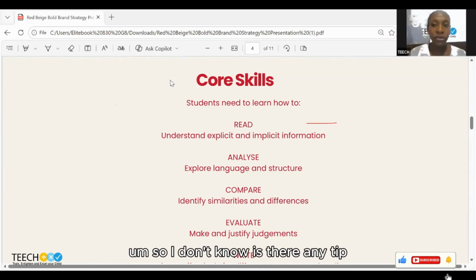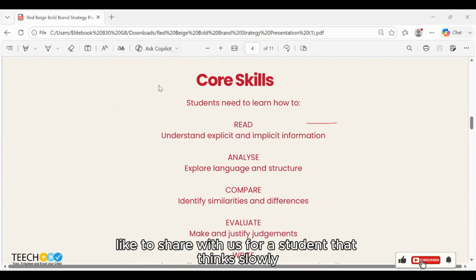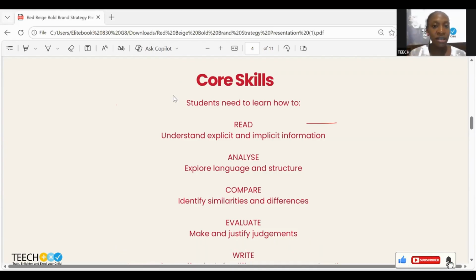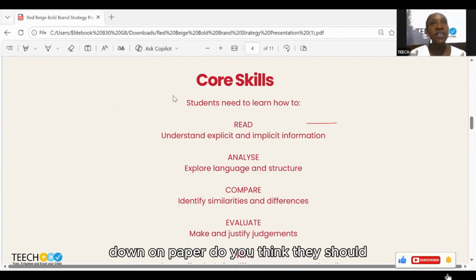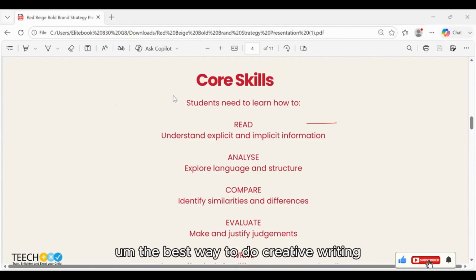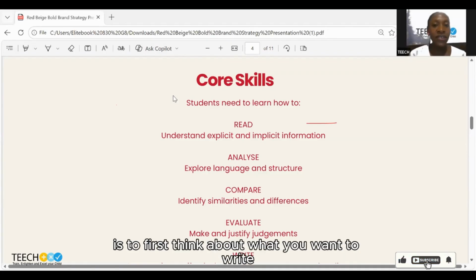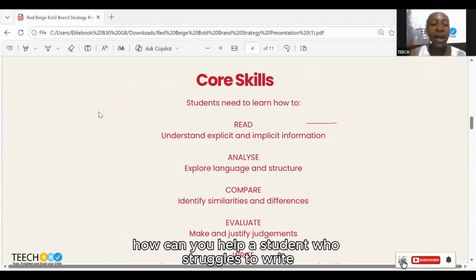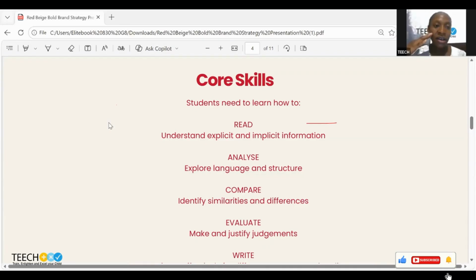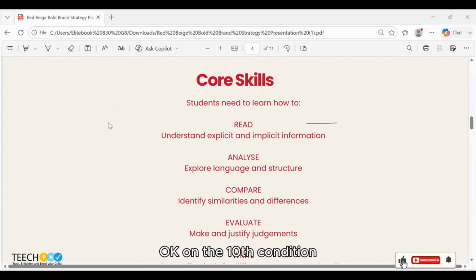So is there any tip you'd like to share with us for a student that thinks slowly, a student that struggles to put their thoughts down on paper? Do you think the best way to do creative writing is to first think about what you want to write before starting, or how can you help a student who struggles to write creatively under timed conditions?